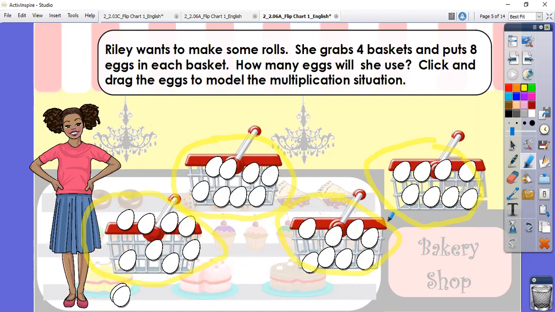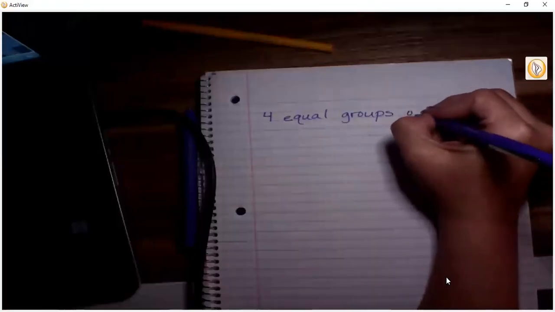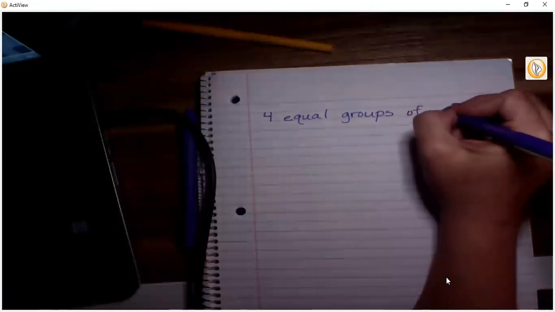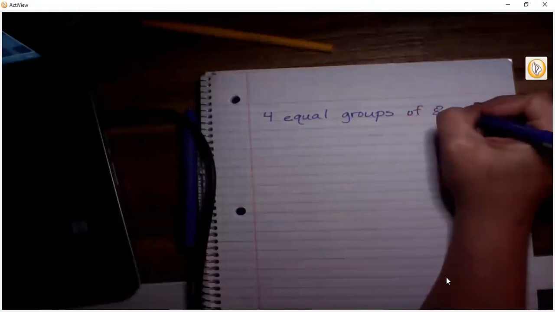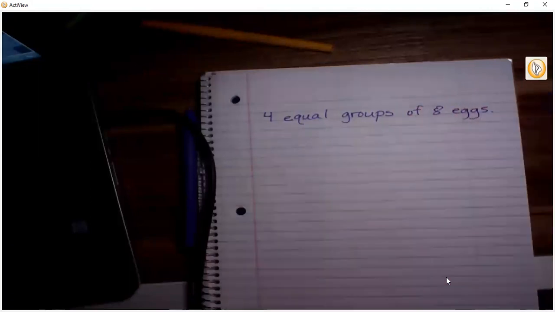Yes, they are all equal. They all have the same thing. So we're going to come back to our notebook and we're going to say 4 equal groups of 8 eggs.